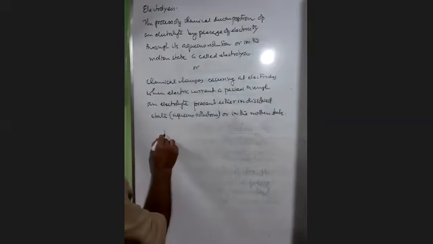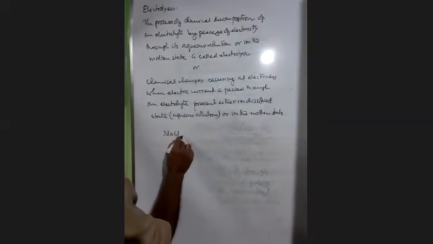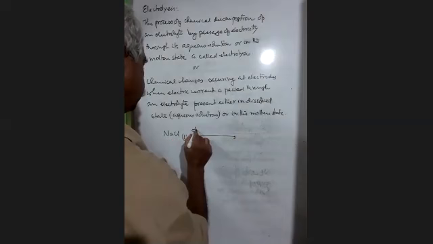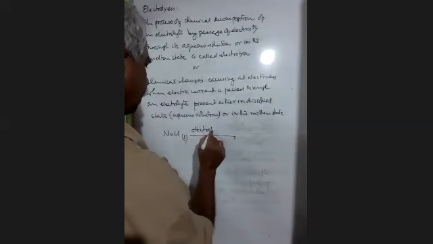I'll give an example: sodium chloride. When I write L, it means it is in molten state. Electrolysis.